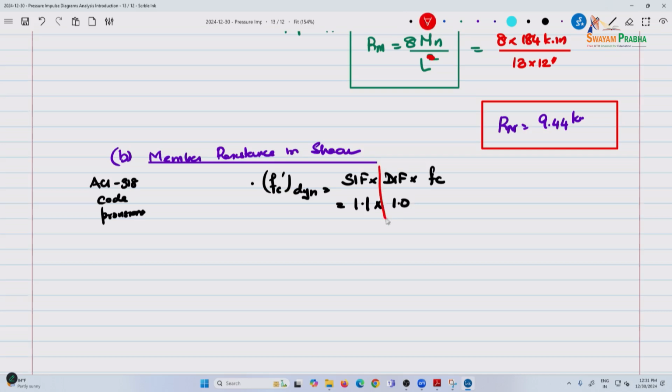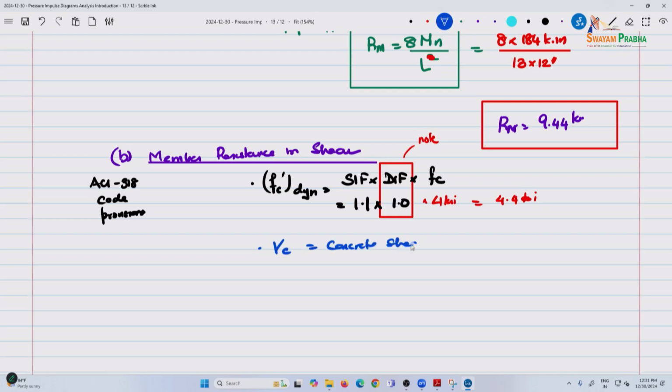In shear, it's a very brittle failure. So note that the dynamic increase factor is 1.0, multiplied by 4 ksi. This is the shear capacity, this is the concrete.